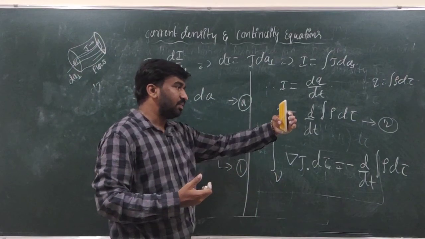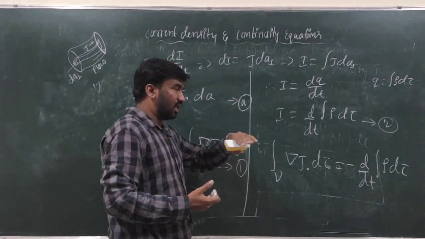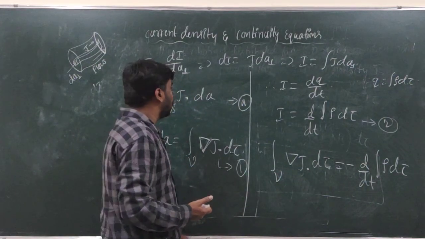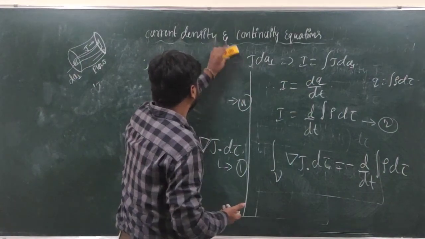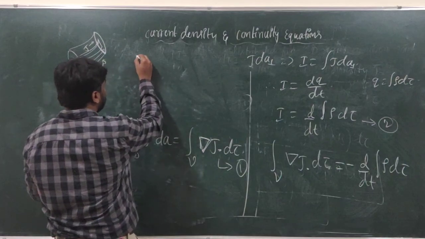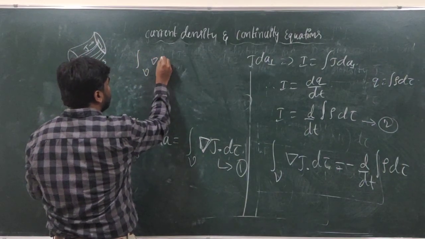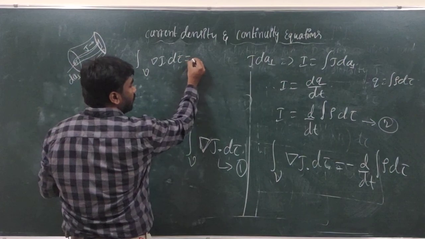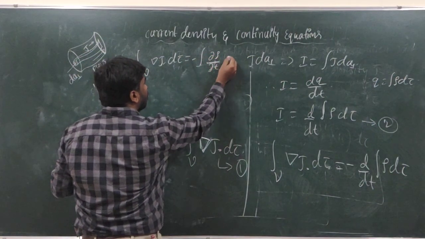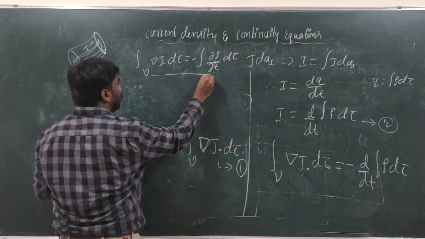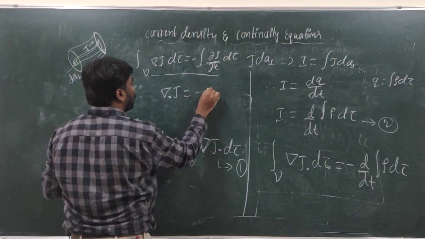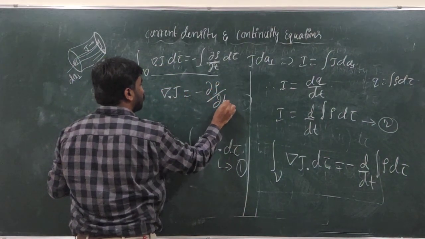So the current is moving out, which means the charge in that volume is decreasing, so I write the minus sign. Therefore, from these two equations, the integration over V of del dot J d tau is equal to minus the integration of dou rho by dou t into d tau. So we can write del dot J is equal to minus dou rho by dou t.